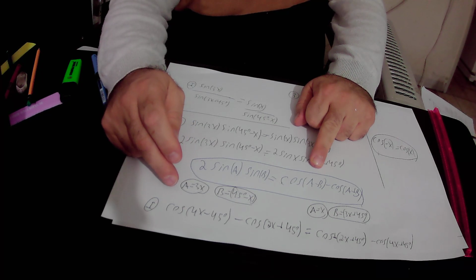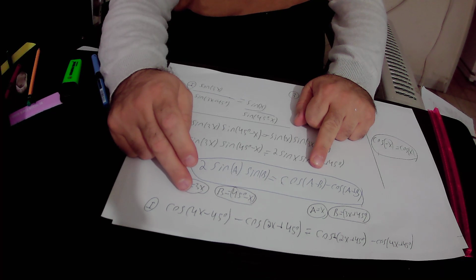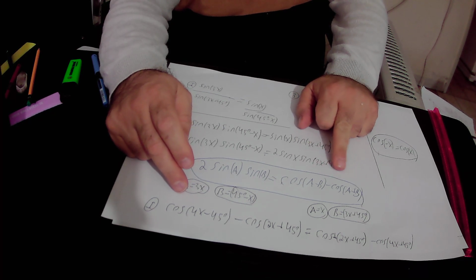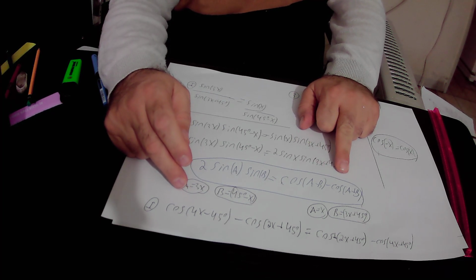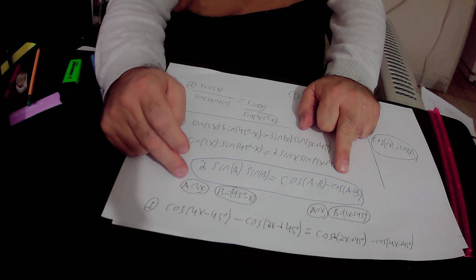So in conclusion, we got here cosine 4x minus 45 degrees, and it's also minus cosine A plus B. Minus cosine A is 3x, B is 45 degrees minus x, so A plus B is 3x plus x is 4x.